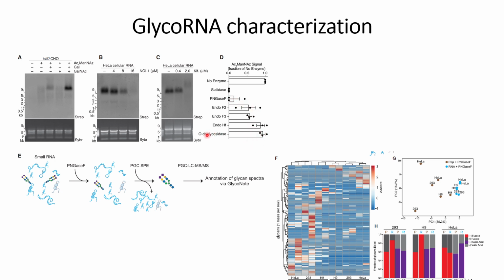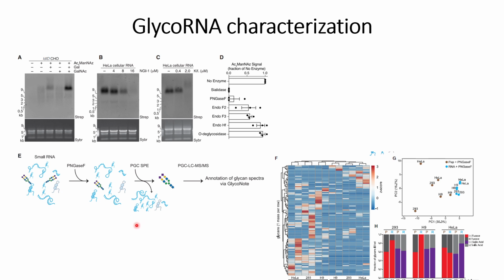However, when they used the enzyme that affects O-glycosylation, almost no reduction in the signals was observed. So this made the point that O-glycosylation plays almost no role in GlycoRNA formation. It is N-glycosylation that plays a major role.